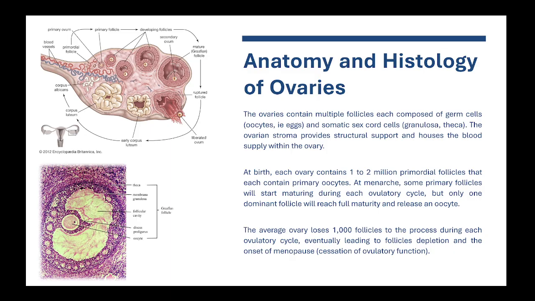The average ovary will lose 1,000 follicles during each ovulatory cycle.